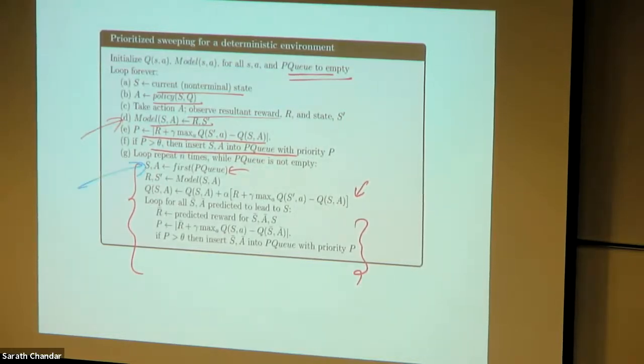Here we are taking the first entry of a priority queue, instead of uniformly sampling something from the model, from the table. This just shows you how efficient it is to consider which states to update instead of uniformly sampling. Here we are going to give priorities to states for which we expect maximum change.